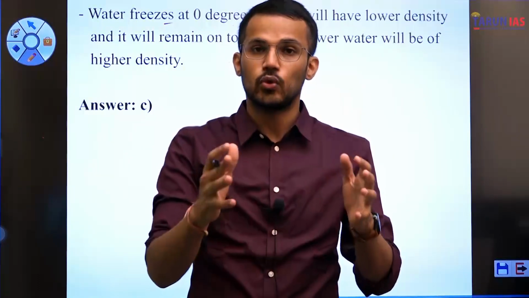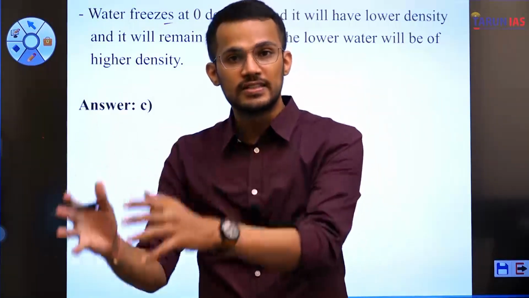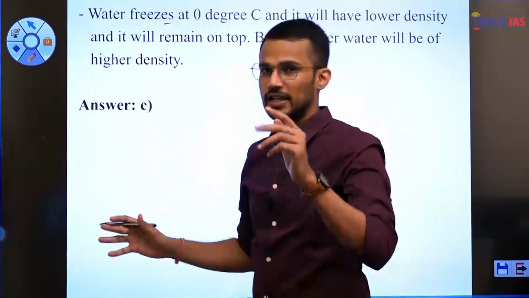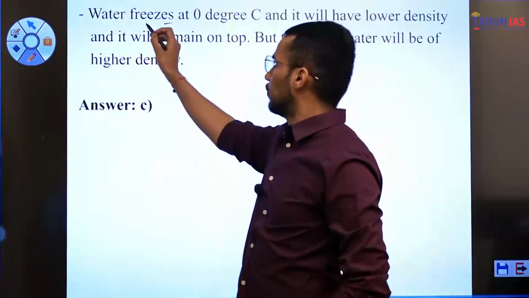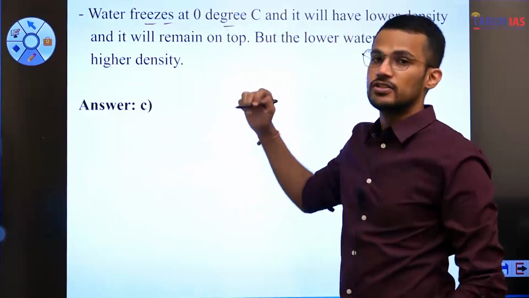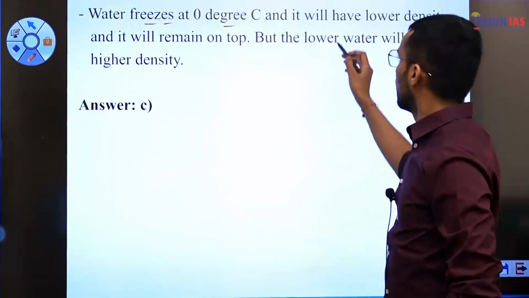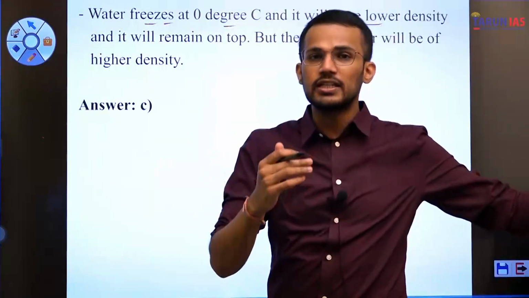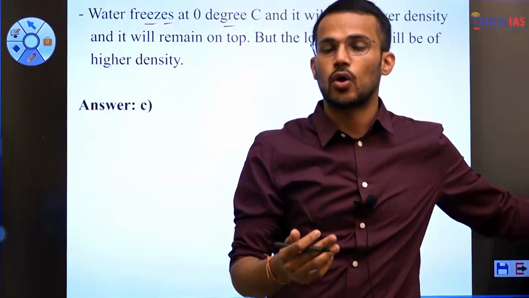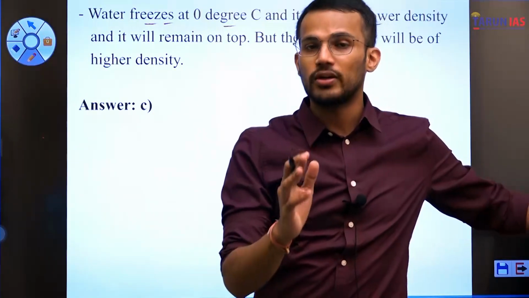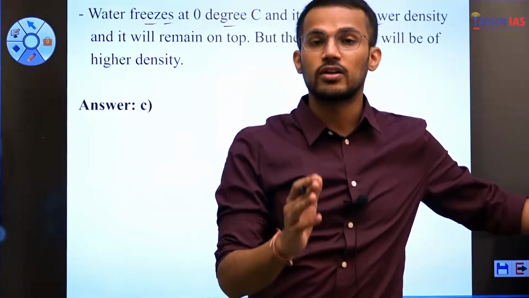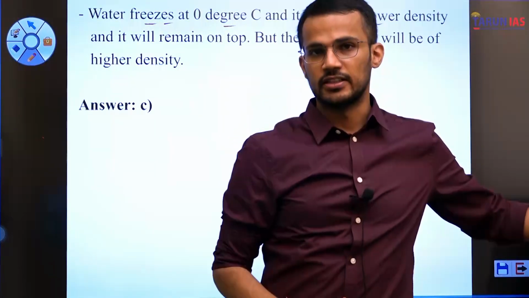And hence this 4 degrees Celsius water will sink down, right? Now, the second part of this discussion is, we know that water freezes at 0 degrees Celsius and it will have lower density. So as we keep on decreasing the temperature of water from 4 degrees Celsius, the density of water will be decreasing in this case.